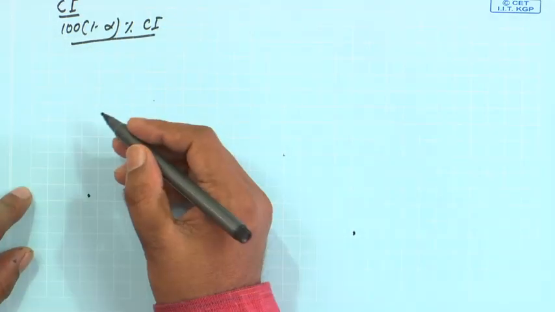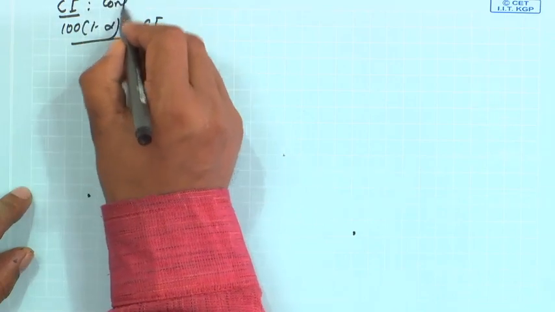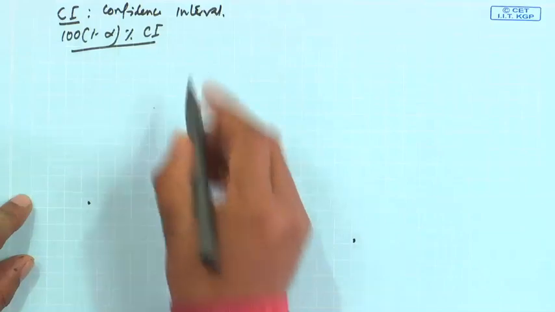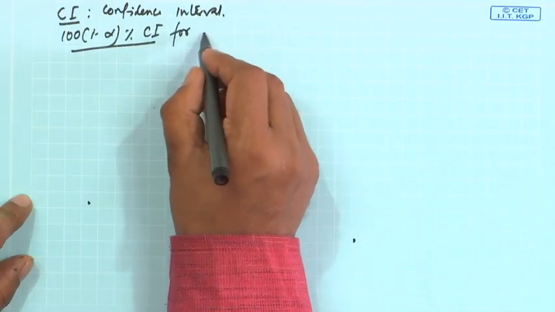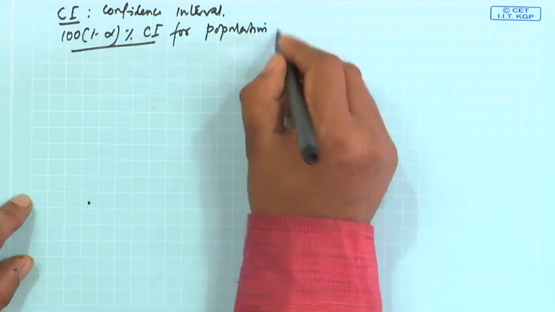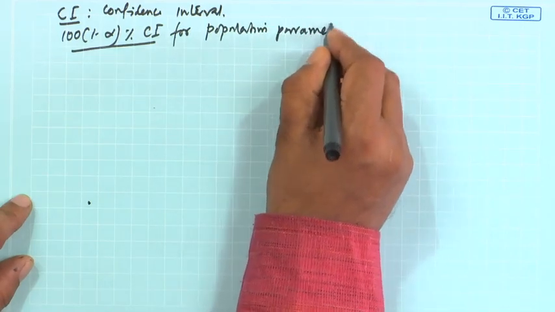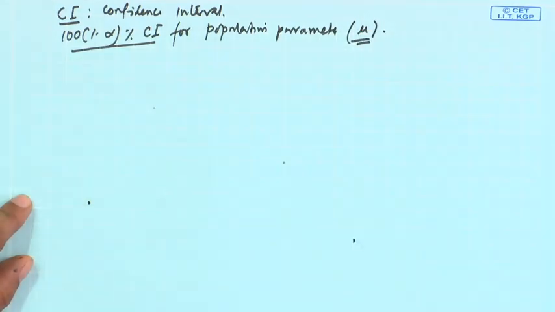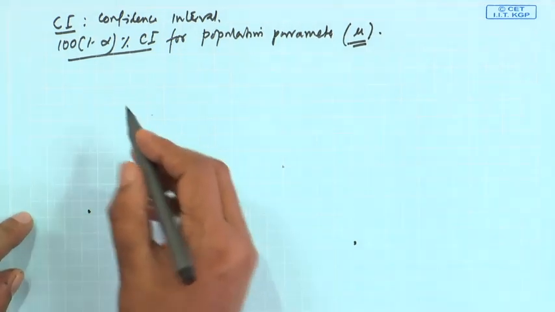This confidence interval, CI, means confidence interval, for the population parameter. Here we are using the population parameter mu.